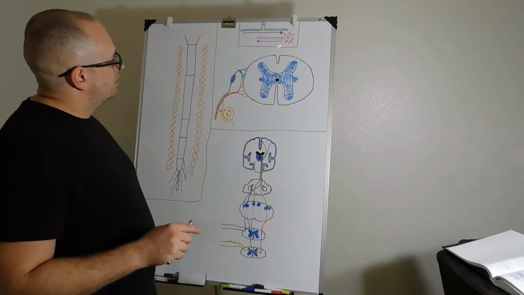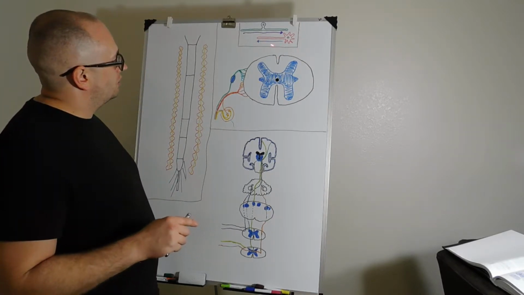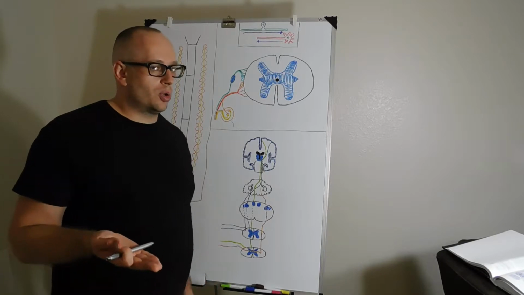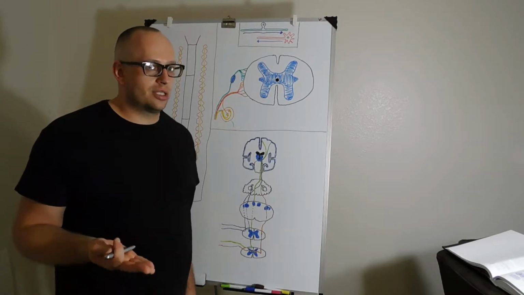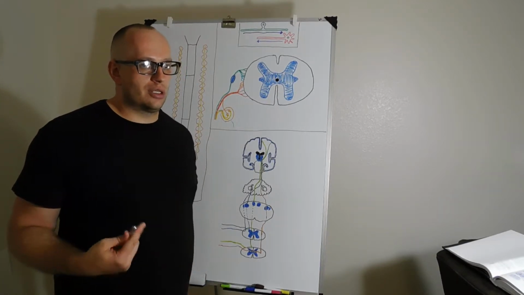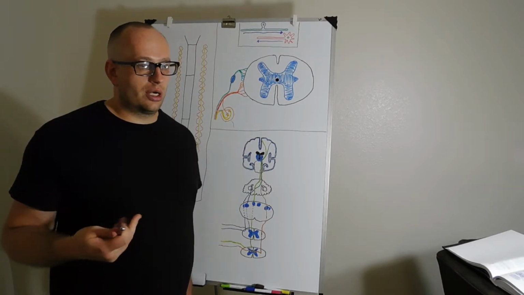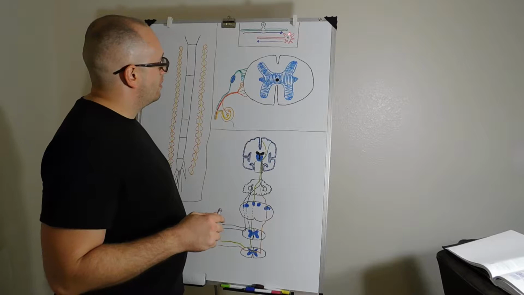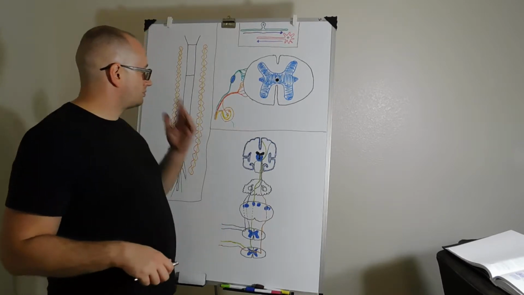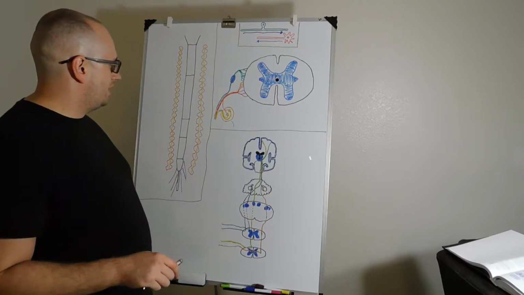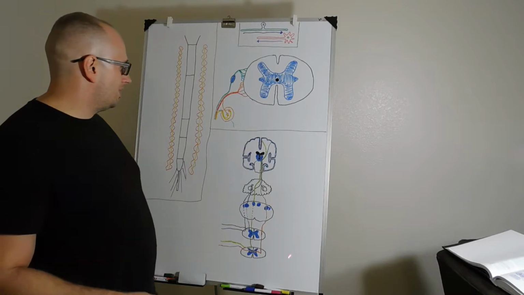And those lower motor neurons are multipolar, and actually also the upper motor neurons, the Betz cells, in the case of somatic motor neuroconduction, those are also multipolar.